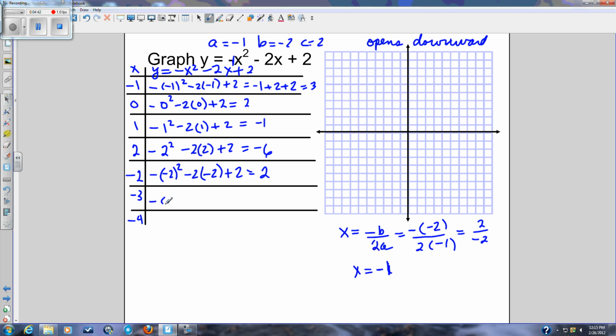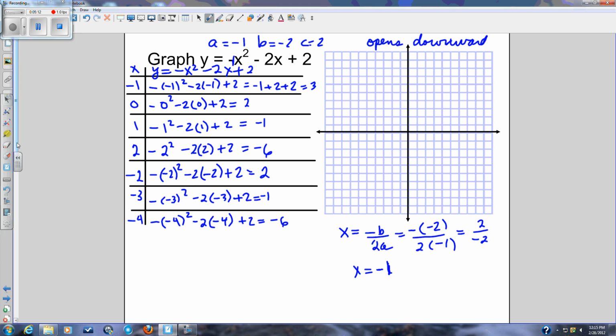Negative 3 squared minus 2 times negative 3 plus 2 gives you negative 1. And negative 4 squared minus 2 times negative 4 plus 2 gives you negative 6.